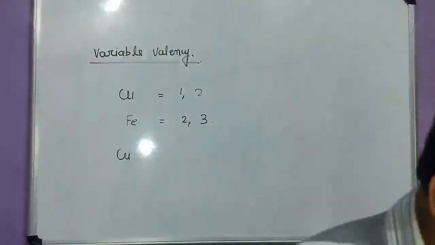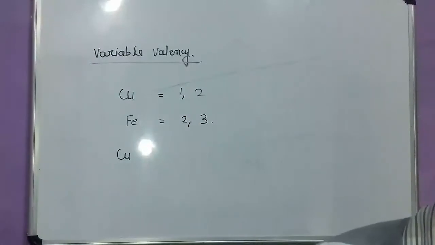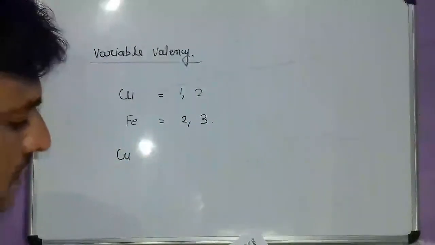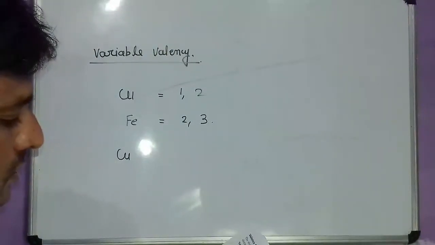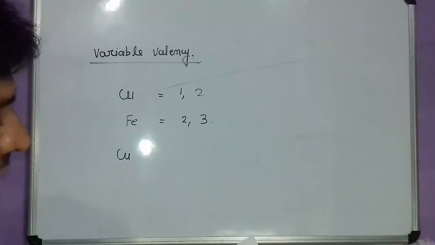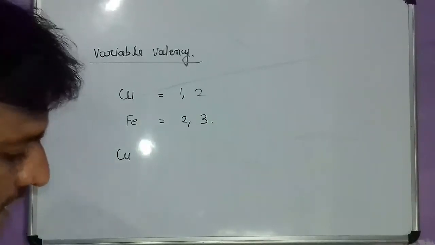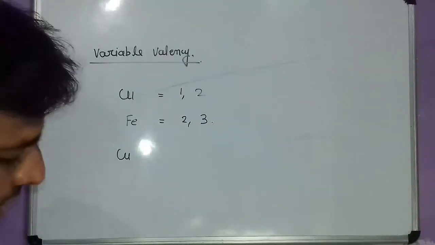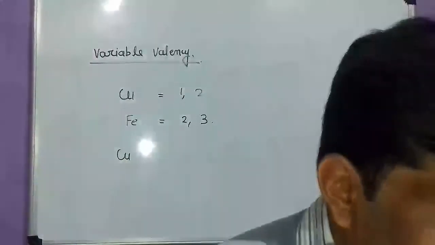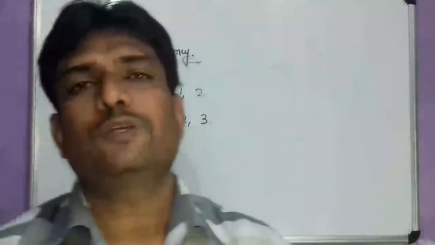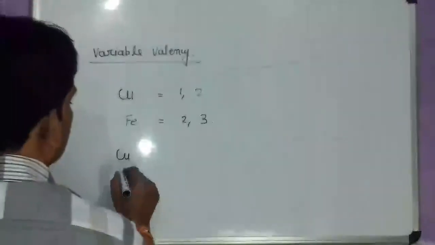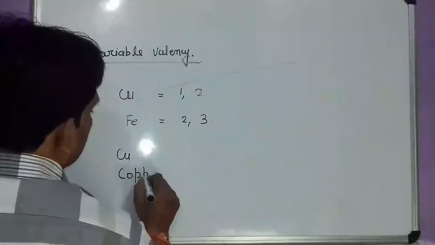Here this is from your table: iron, copper, carbon, oxygen, fluorine, etc. Cuprum is the Latin name of copper, and Cu is copper.